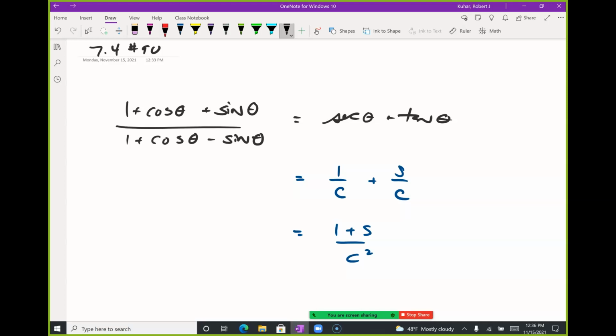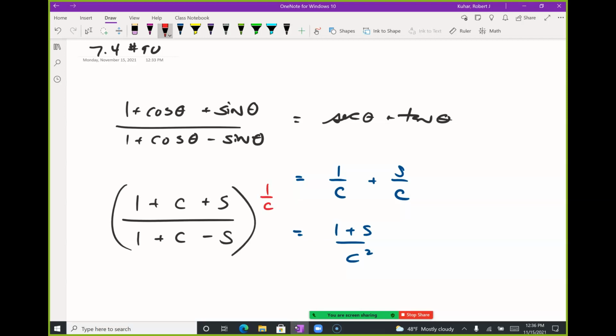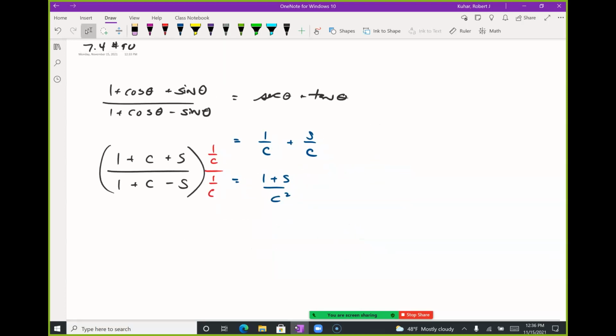Let me try that. So I go (1 plus c plus s) over (1 plus c minus s), and I'd like to use a 1 over c on both and see what happens. So I get a 1 over c plus c over c plus s over c, all divided by 1 over c plus c over c minus s over c.